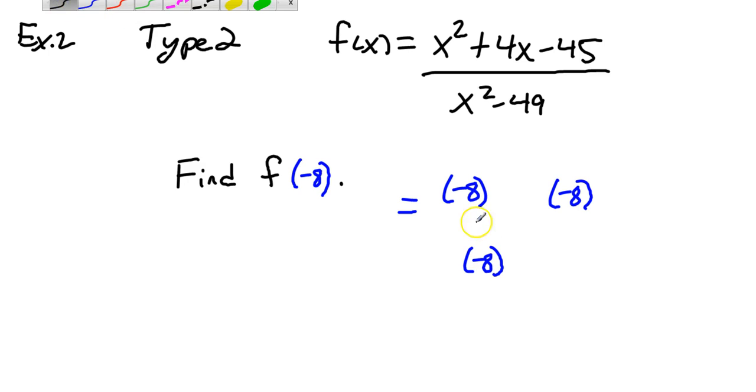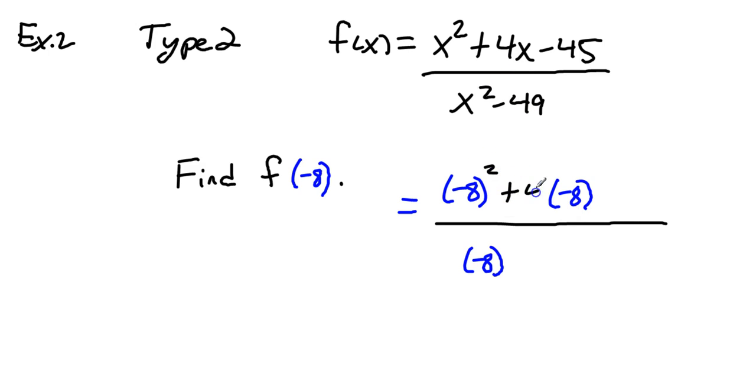So plugging in the negative 8 for x's, we need to square this one, 4 times this one, minus 45. This one was squared and then minus 49. Okay, and again, the f of negative 8 is just letting us know that we're taking out the x and plugging negative 8 in and working it out. So really, we're putting the negative 8 here for all the x's, and then we're going to work it out.